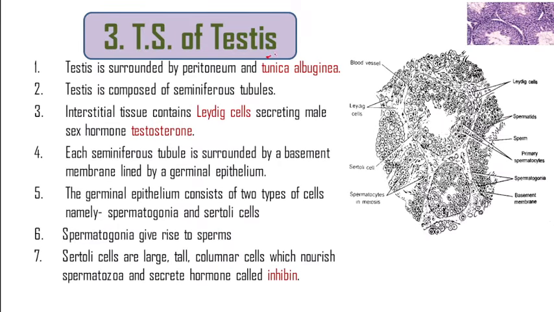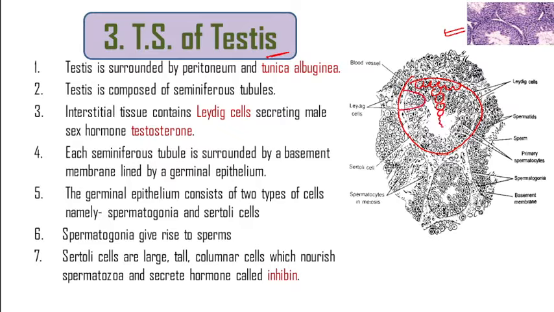Next, TS of testis. So you will get this kind of a slide which will be placed under the microscope. You have to identify that this is the TS of testis. You're going to draw this kind of a diagram in which you will show these seminiferous tubules, then spermatogonia cells, then primary spermatocytes, secondary spermatocyte cells, spermatids and the spermatozoa.